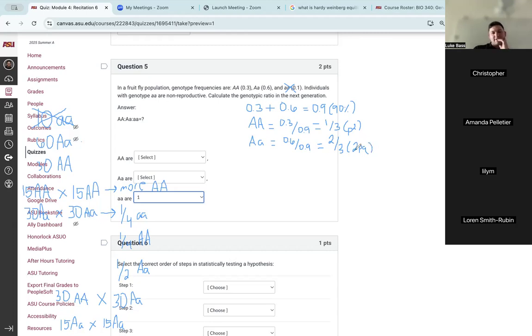Now there's one step here between this and where the answer is actually workable, because we're going to try to find the frequencies of big A and little a. Once we find that, we're going to be able to figure out the proportions of big A big A, big A little a, and little a little a using Hardy-Weinberg equations.